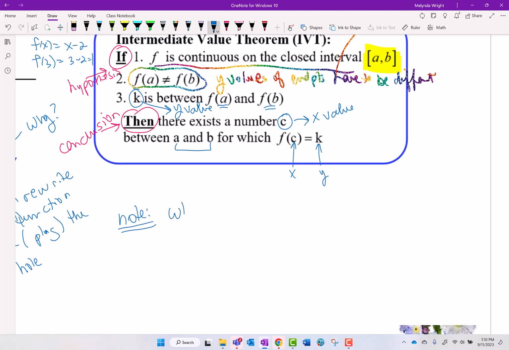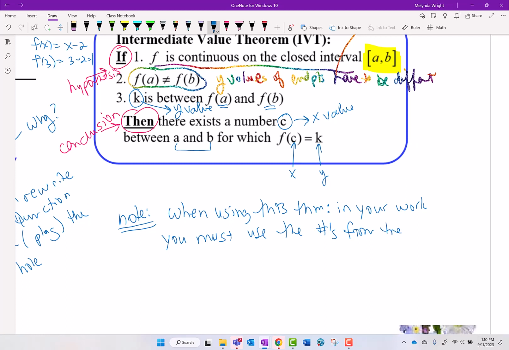When using this theorem in your work, you must use the numbers from the problem. Okay, you have to.